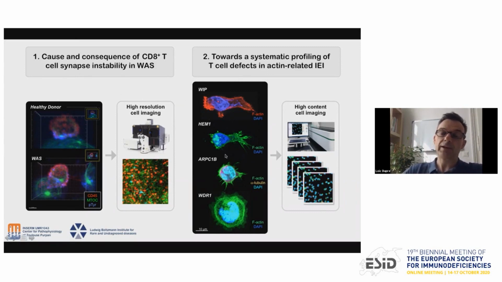And I will then zoom out this time and show you how we are now developing high-content cell imaging as a pipeline to compare different inborn errors of immunity, at least in terms of the characteristics of the related T cells, and how we believe that this can be a more systematic way to compare those deficiencies.